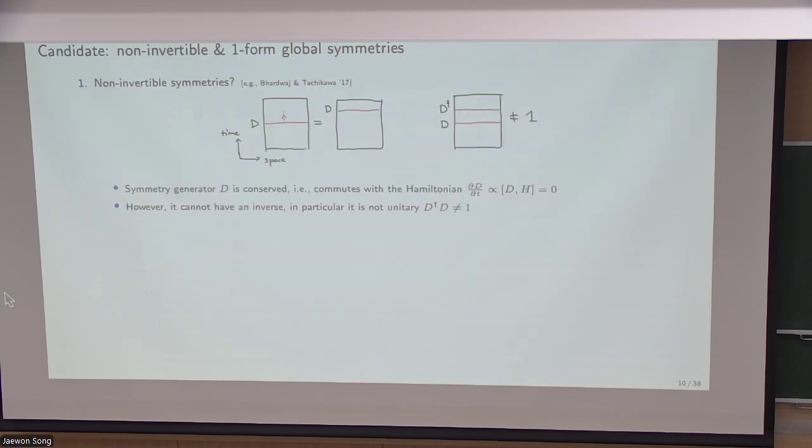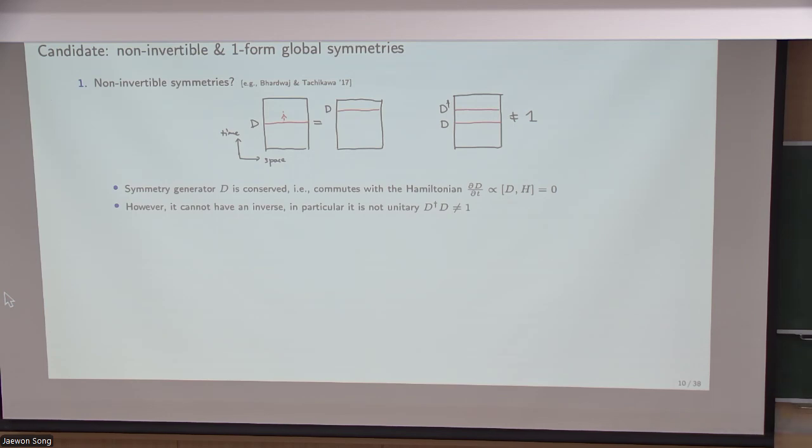So one of the candidates to approach these problems is the non-invertible global symmetries. So I think this is the theme of this workshop. Symmetries is the theme of this workshop. So what are non-invertible symmetries? This is a symmetry whose symmetry generator is conserved as in ordinary symmetries.